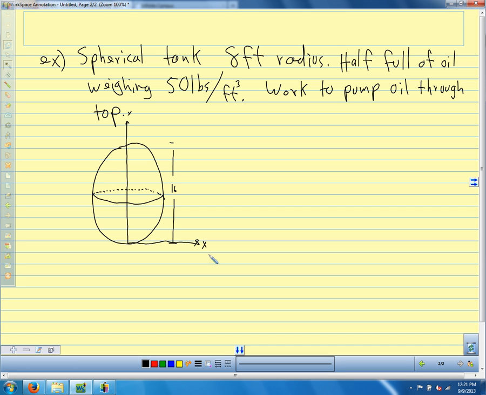Now we're going to draw a little disc of the oil, so a representative section of the oil. I'll do that in red. So here's a little slab of oil. It's here in the tank. And we'll go back here like so. And we're going to call the thickness of this little slab dy.